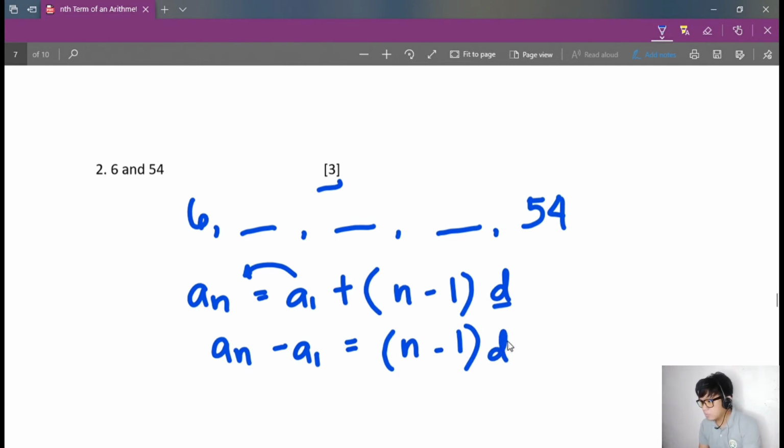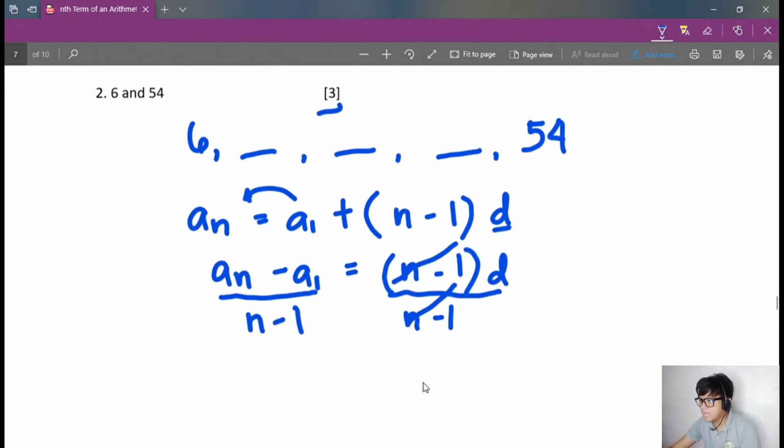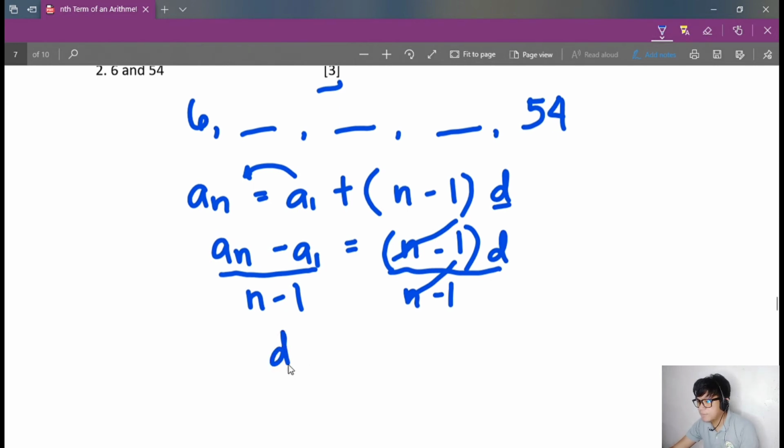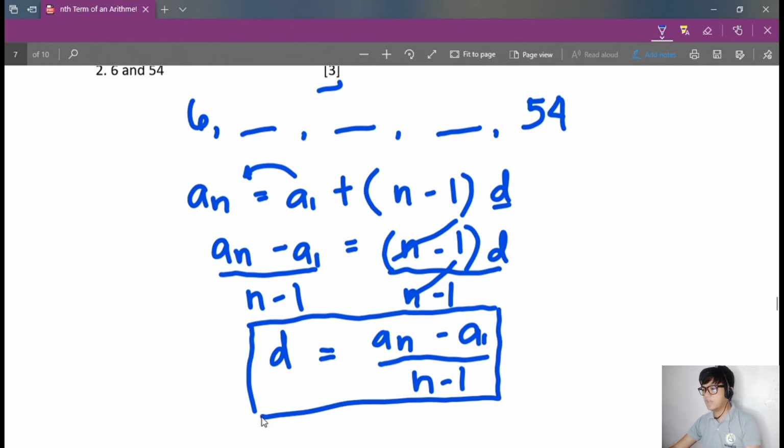So, para maiwan itong si d dito, ang gawin natin, mag-divide tayo both sides ng n minus 1. Para ito siya mag-cancel. So, ang naiwan na lang, ang d natin. So, ang formula natin ng common difference is d is equal to a sub n minus a sub 1 over n minus 1. So, ito na yung formula natin in finding the common difference. Yan yung derivation.